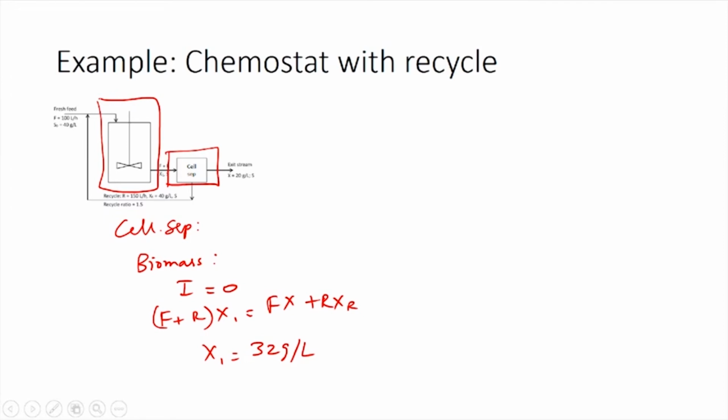For the chemostat, we can write a biomass balance. The biomass balance for the chemostat would be input minus output plus generation minus consumption equals accumulation. No accumulation, and no consumption, as we are assuming that there is no cell death. So, consumption goes to 0. You do not have any input through the fresh feed, you only have biomass input through the recycle stream.